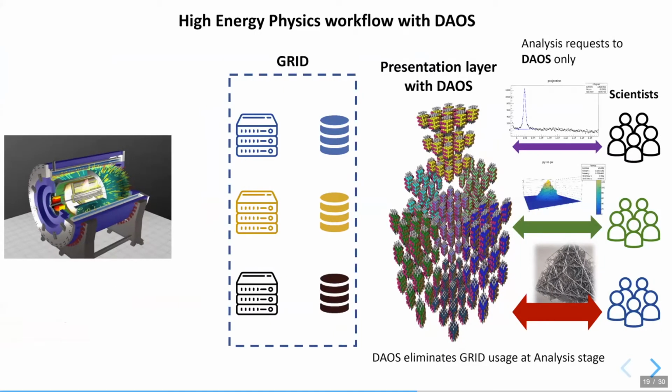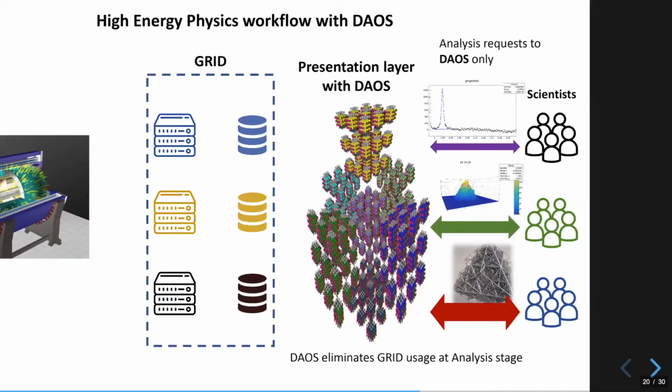What I would like to mention is that at the beginning we have this processing on the grid, but later we have this presentation layer which DAOS can store for us, and later it can be used by the physicists. This is a very important part, which fits perfectly into our process workflow.